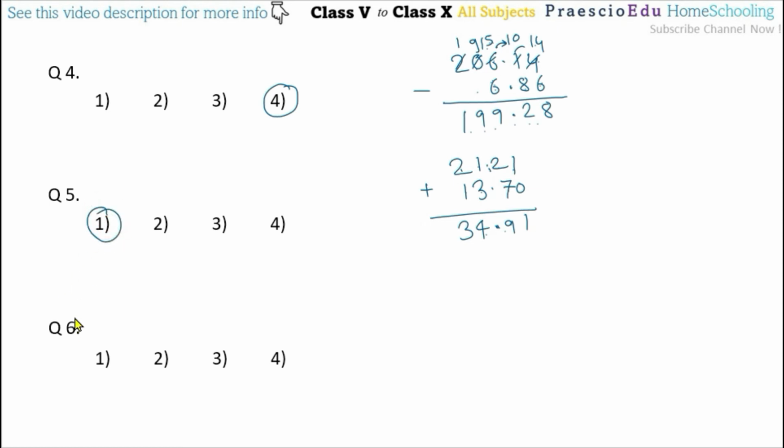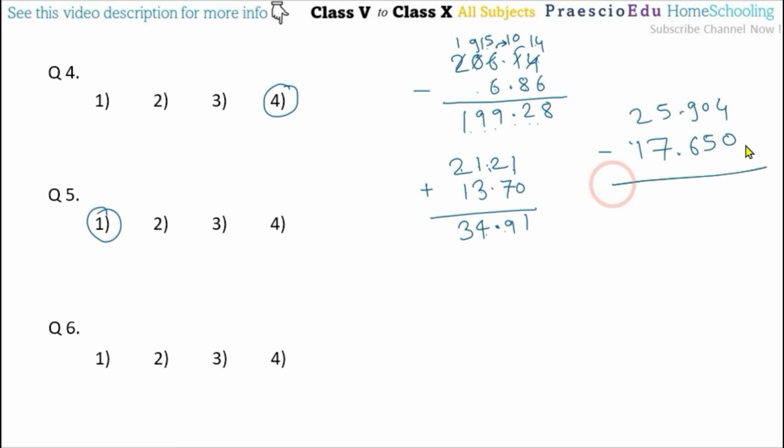Now question number 6: the sum of two decimal fractions is 25.904. If one of the fractions is 17.65, what is the other fraction? To find this, we have to subtract 17.65 from 25.904.